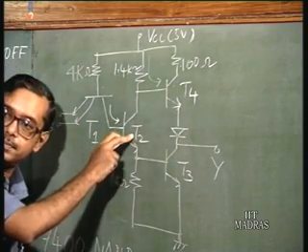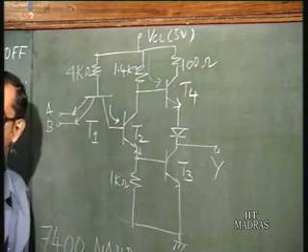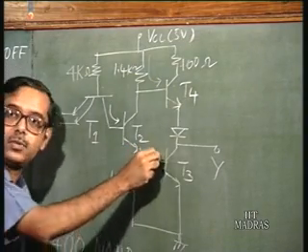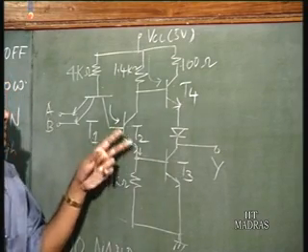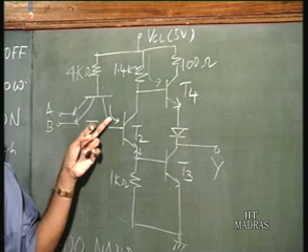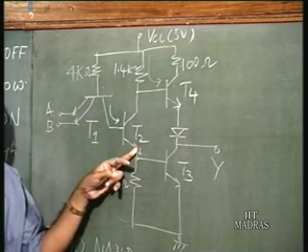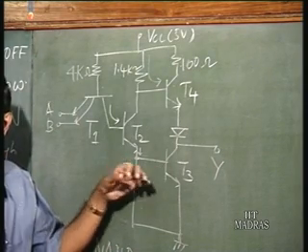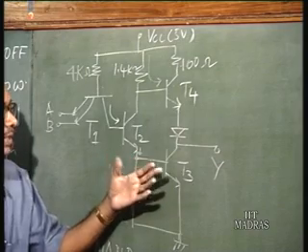T2 turns on, and there is going to be a large emitter current flowing. Of course a part of it goes here, but the major portion flows into the base of T3, because the emitter current is beta times the base current. So there is a large emitter current here, and T3 will get sufficiently large base current to turn on, going to saturation in fact.